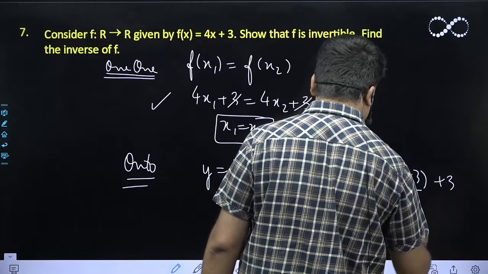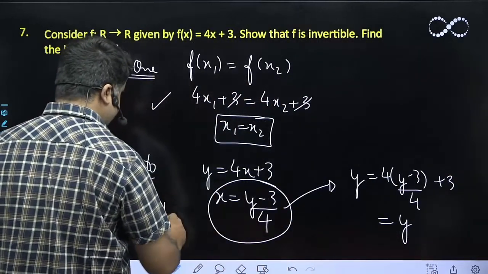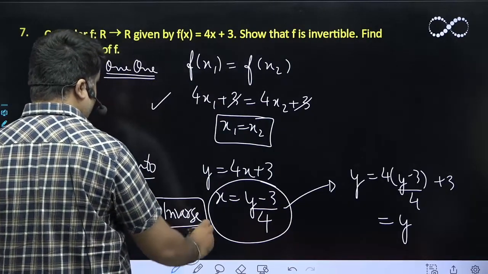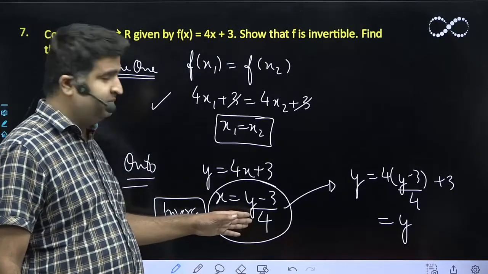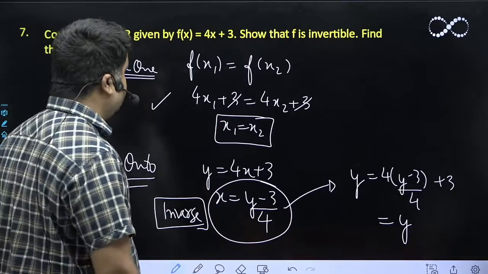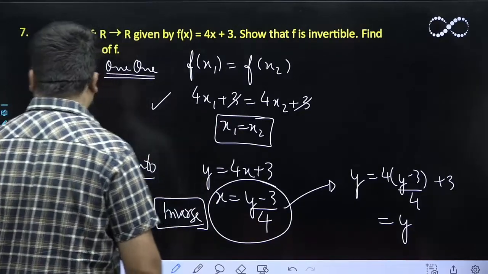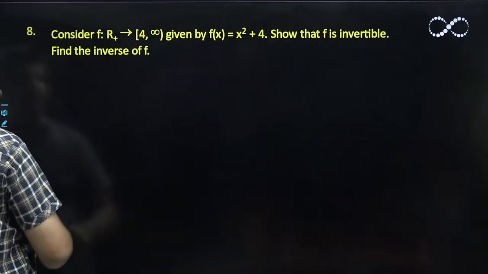So if you solve this, you get y. So this will be the inverse of the function, and since there is no restriction on x and y, therefore this is an onto function as well. So therefore this function is invertible and this is the inverse here. Let's see the next question.